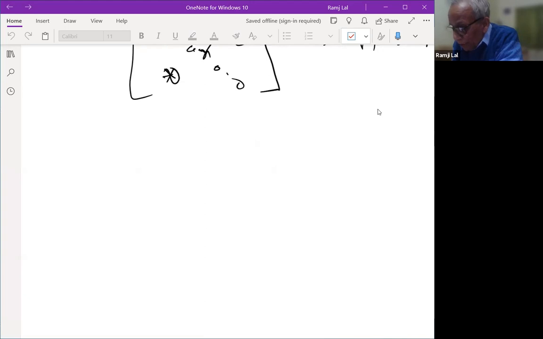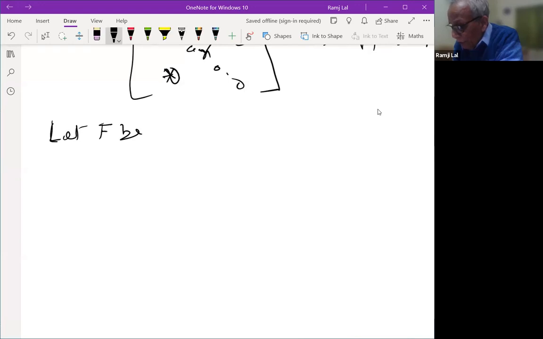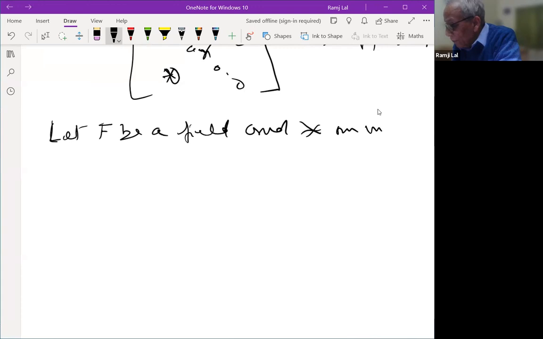So let F be a field, and star an involution.